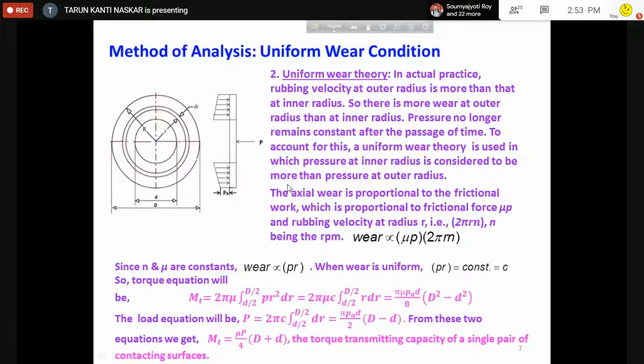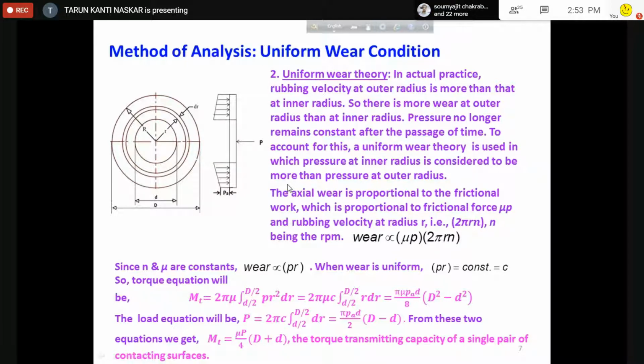Now the peculiarity of uniform wear condition is that at the beginning there is uniform pressure, then there is wear at the outer region. Then there will be no wear at the outer region because there is no contact, so there will be wear in the inner region. When there is some wear in the inner region, the outer region will come in contact.